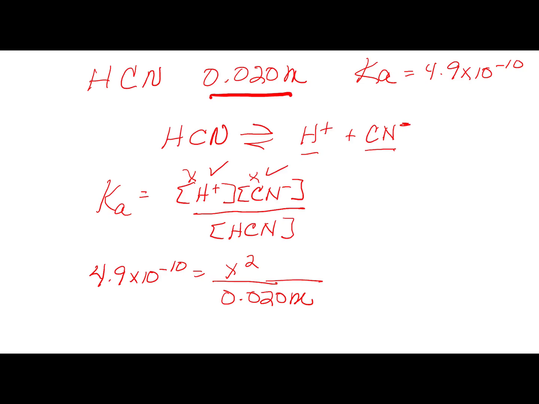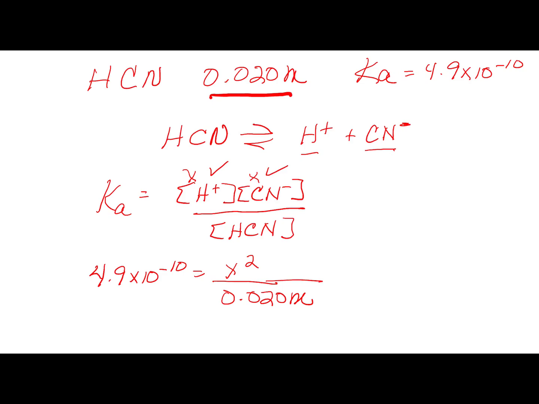And the reason that we don't have to subtract x out of this is because part of this hydrocyanic acid will dissociate. How much? We don't know. X amount. And when X amount dissociates, that's how much hydrogen ions it will make, and that's how much cyanide ions it will make.